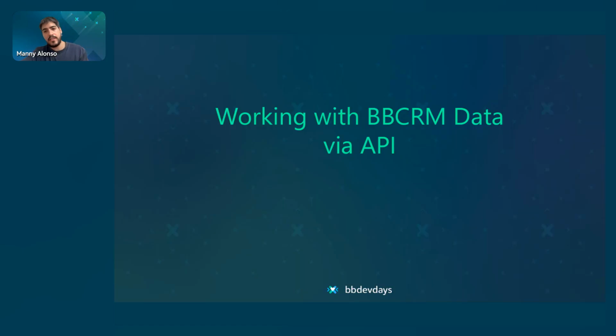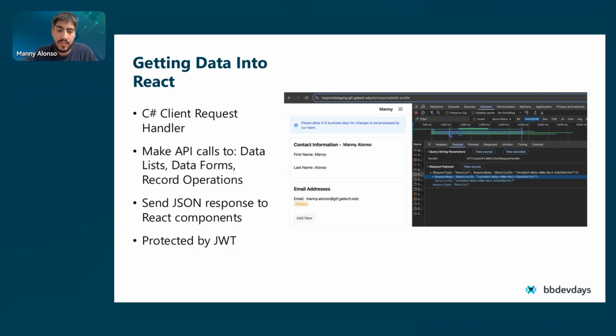And then the way we pull data from CRM into React and also out of React back into CRM, we have a C# client request handler. All that does is allow us to make calls to data forms, data lists, record operations. I don't know if you guys can see it, but we pass in a body in the payload.